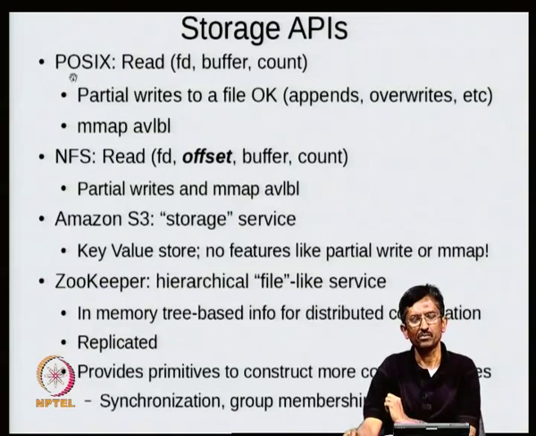POSIX tries to give you some interesting guarantees, and of course the guarantees are finally based on what the devices can give it. Okay. For example, in POSIX you can write something, and unless you verify that what has been written is the same as what you wrote, okay, you are essentially trusting the device to have done it.